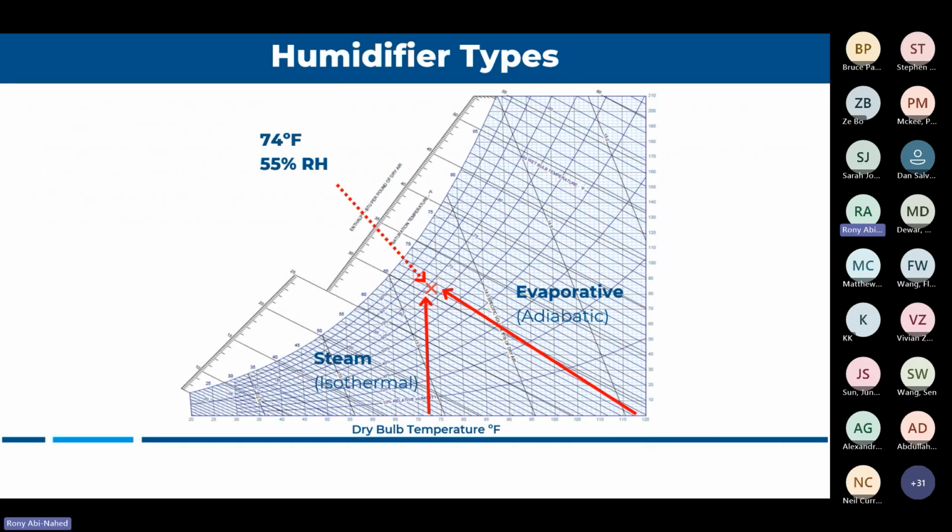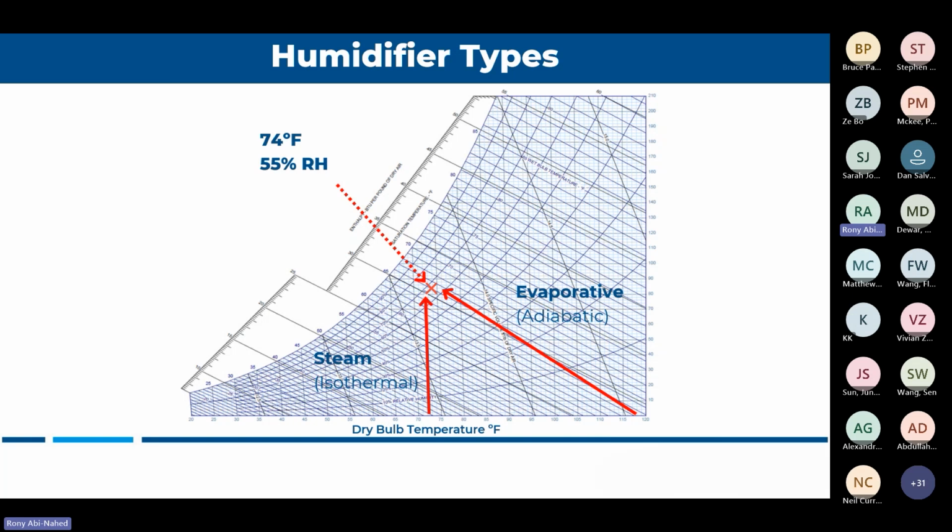So when you're designing a humidification job, you have basically two options: isothermal or adiabatic. Isothermal means you're just injecting steam into the space. As you see on the psychrometric chart, it's just adding steam, so you're using an external source of energy to create the steam, either gas, electric, or pressurized steam itself.